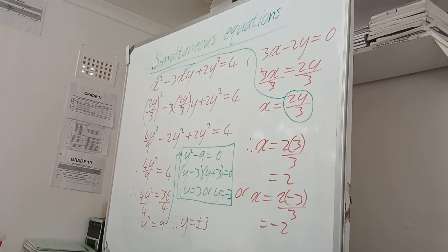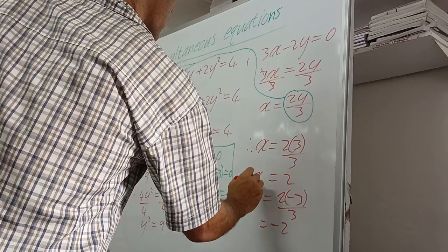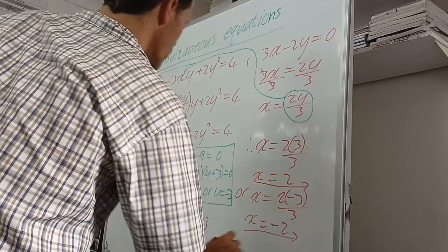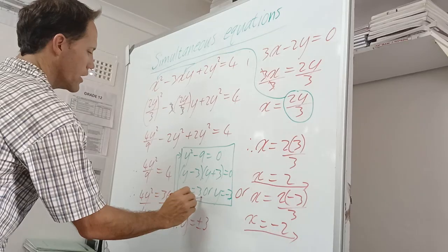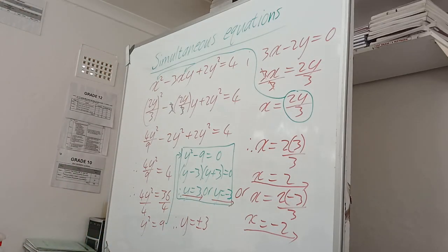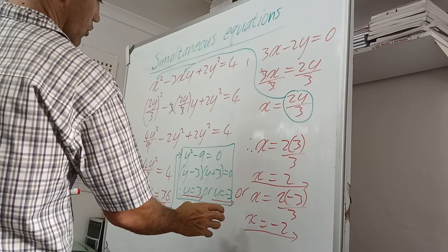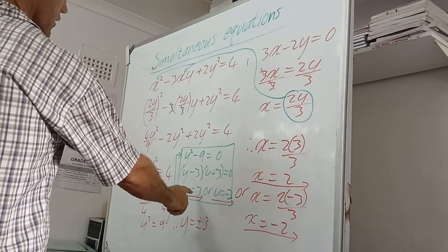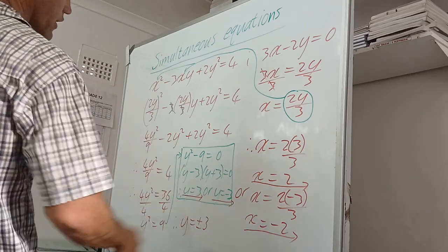Okay, so our solutions are x equal to 2, or x equal to negative 2, and y equal to 3, or y equal to negative 3. That's basically your solutions. If they say you must write it as coordinates, then you just put in the coordinates. 2 goes with the 3, 2 and 3.